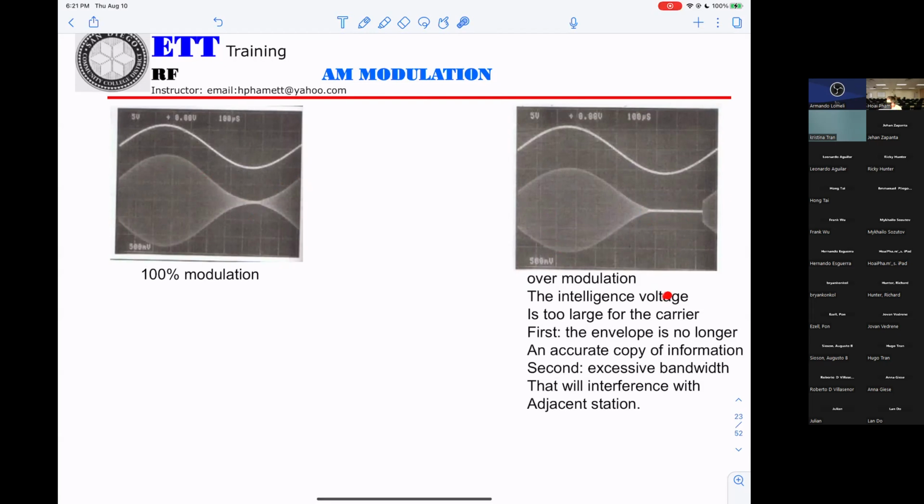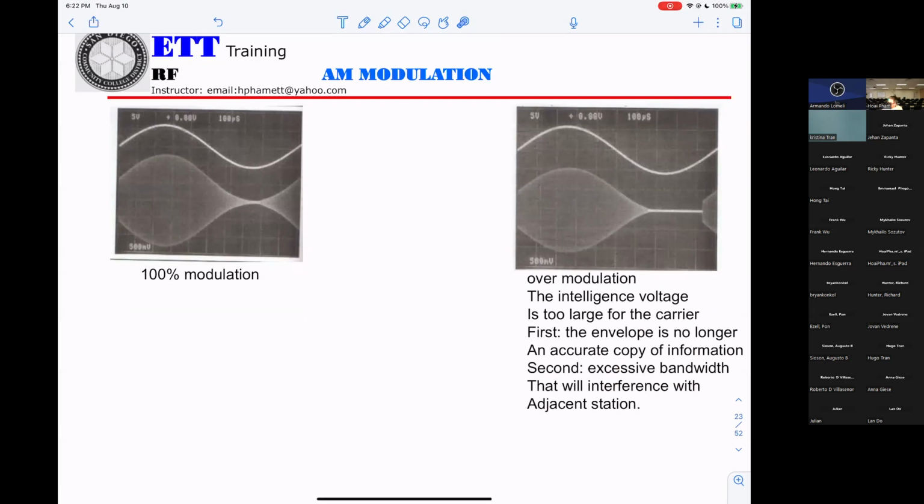The information voltage is too large for the carrier. First, the envelope is no longer an accurate copy of the information. Second, excessive bandwidth that will interfere with adjacent stations.